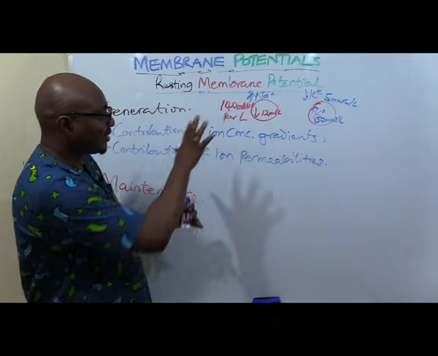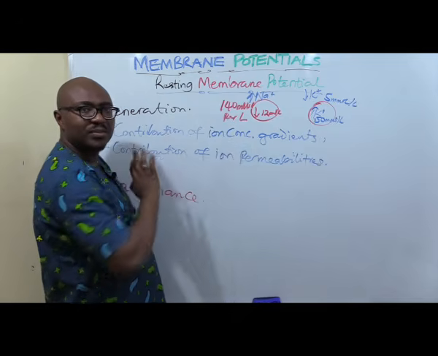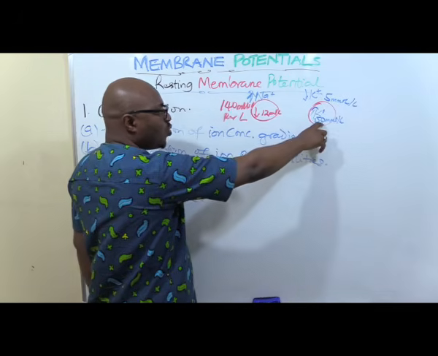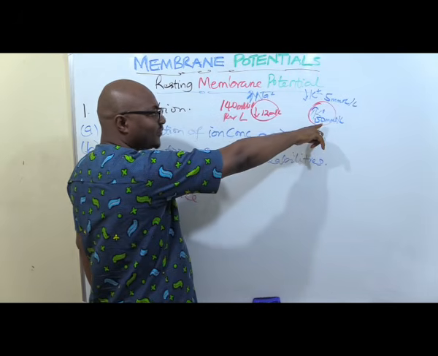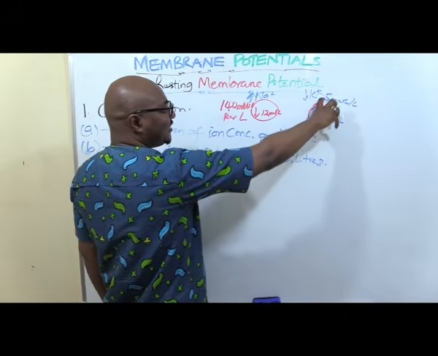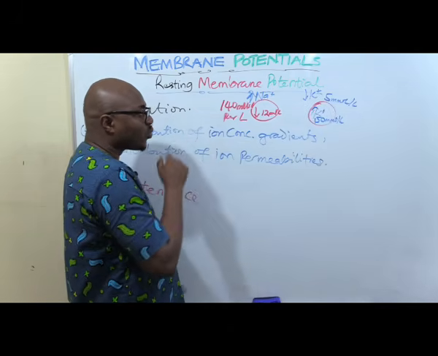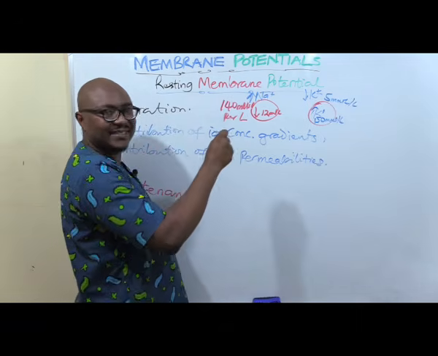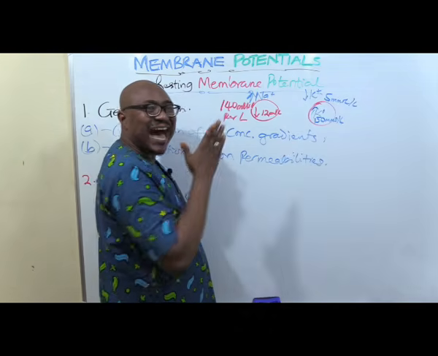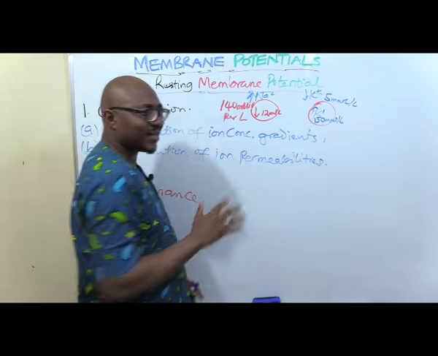Okay, so we are dealing with them differently now to understand their contribution to the membrane potential. So what do you think will happen now? This one is 150 inside and 5 millimoles outside, so there is a very large difference. What do you think will happen? There will be a tendency for potassium to move along its concentration gradient, which is from inside to outside.